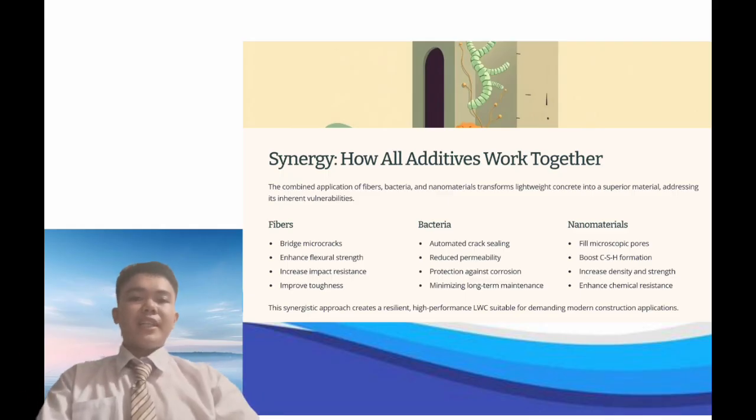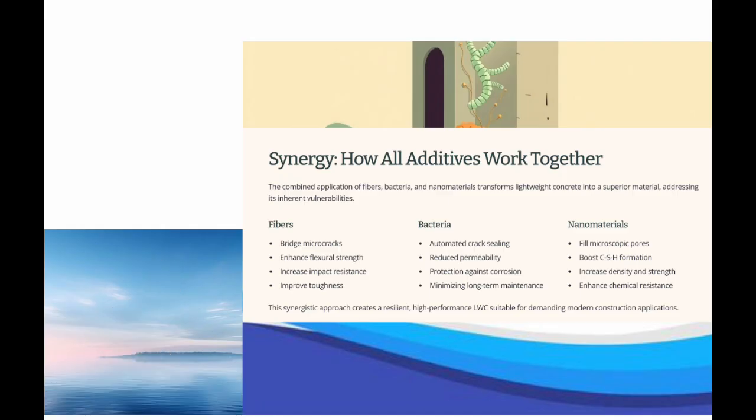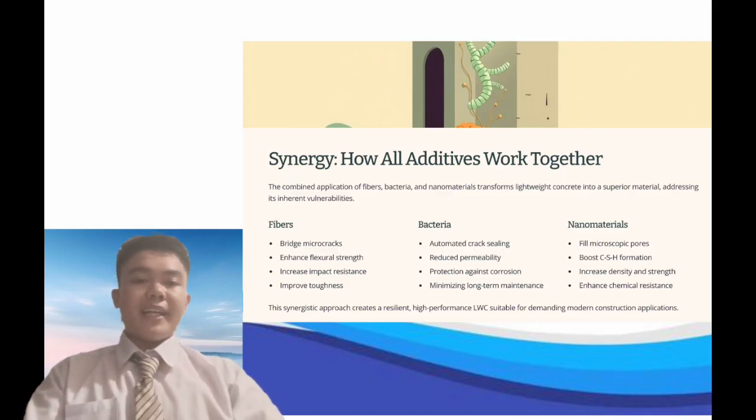Also, the use of nanomaterials such as nanosilica, carbon nanotubes, graphene, and nano-titanium dioxide enhances the microstructure at the nanoscale. They fill microscopic pores, react with hydration byproducts, and increase the formation of strong CSH gel. As a result, nanomaterials make lightweight concrete denser, stronger, and more chemically resistant, with better performance in freeze-thaw environments, chloride exposure, and carbonation conditions.